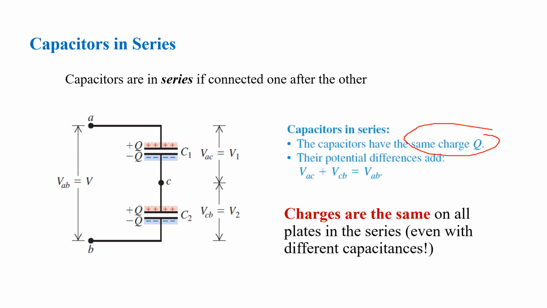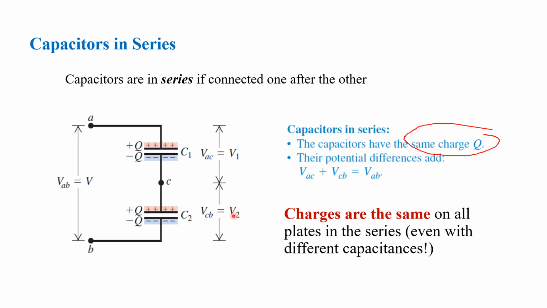And their potential difference is the sum of the individual potential differences of your capacitors. That is, in this segment here, you have a potential difference of VAC, or V1, for your capacitor 1. And for your capacitor 2, on segment CB, you have a potential difference of VCB, or let's say a voltage V2.